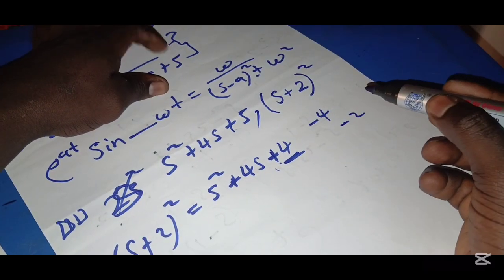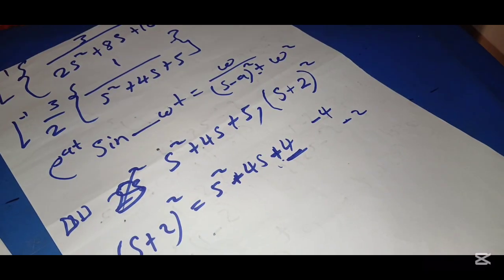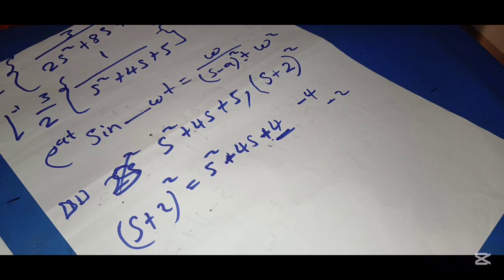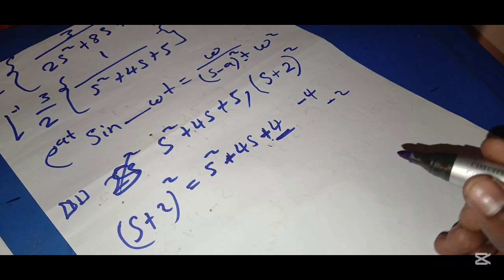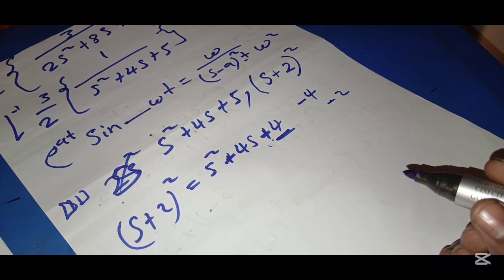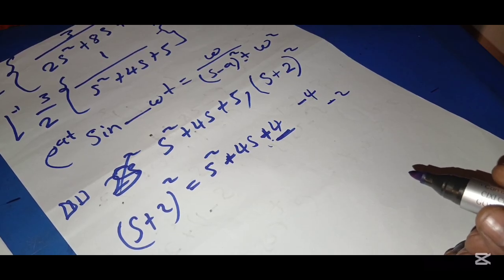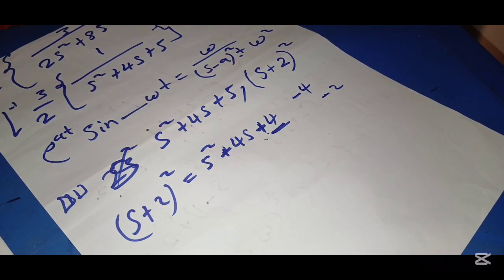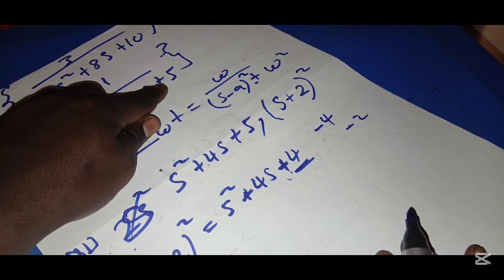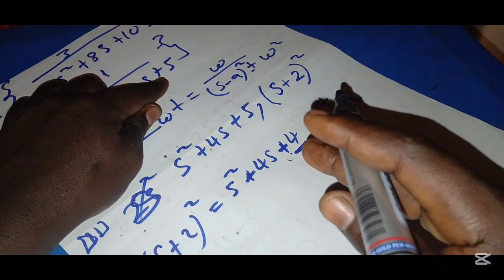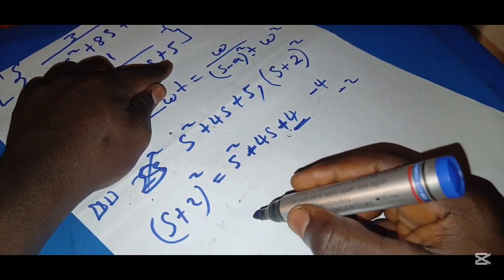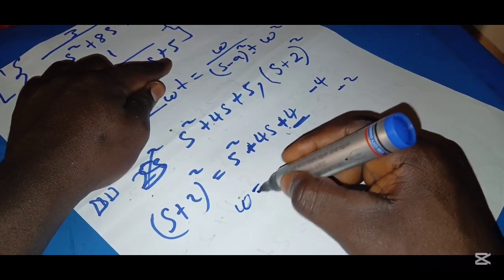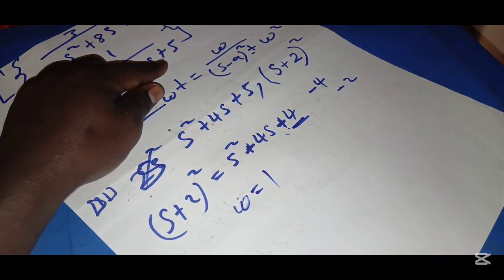So this one was actually 1. Mind you, this is the easiest way to work out inverse Laplace transforms. I think the rest will involve a lot of calculations. So now what is my omega? 1. Positive or negative? Positive 1. We'll be dealing with negative problems later. So my omega, or w, is 1, but it's a positive 1.